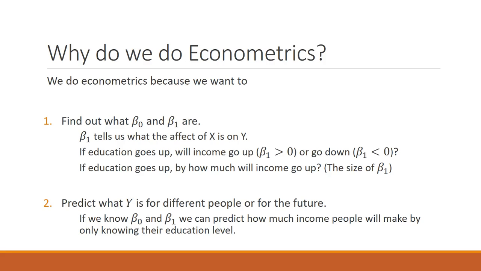So let's say the size is really big, or it's a very large negative number. That means if you have health insurance, you have much lower disease burden. You get sick way less often if you have health insurance. Oh, okay, that gives us a really good reason to design policy that helps people get access to health insurance.